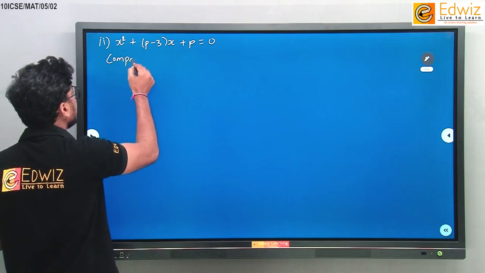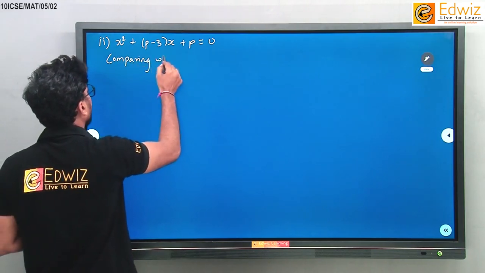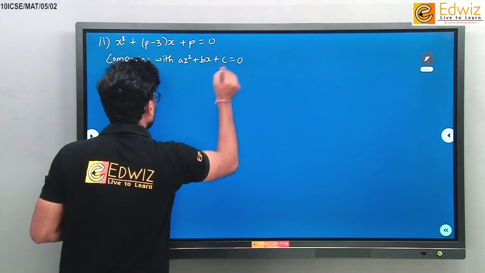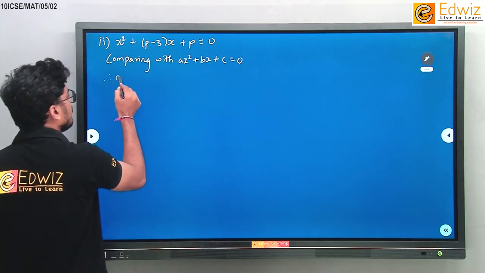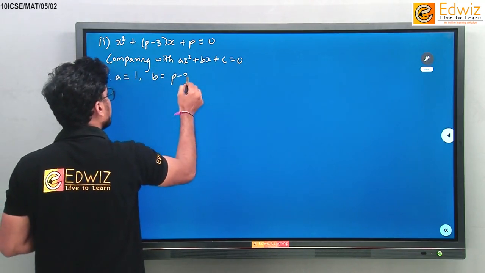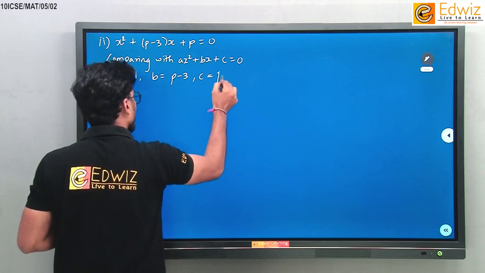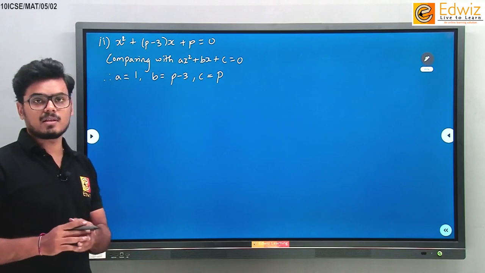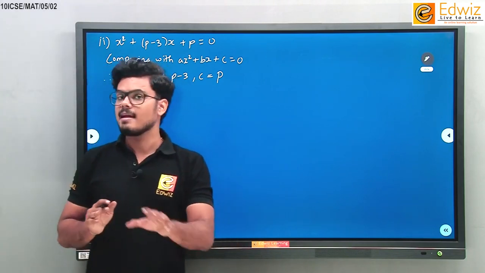Comparing with ax square plus bx plus c equal to 0, therefore a will be equal to 1, b will be equal to p minus 3, c will be equal to just p. Okay, so in this case also it is given in the question the roots are real and equal.